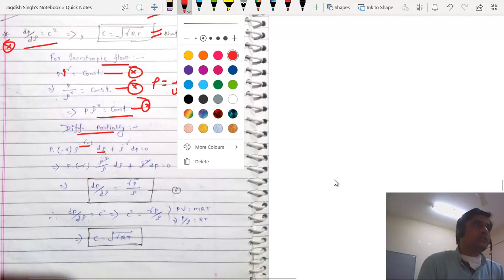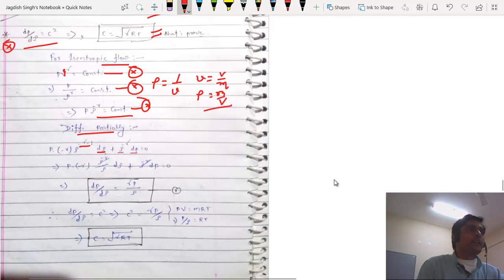And this is gamma raised to minus, and this is dP. If we arrange this one, we get dP by d gamma is equal to gamma p by rho.